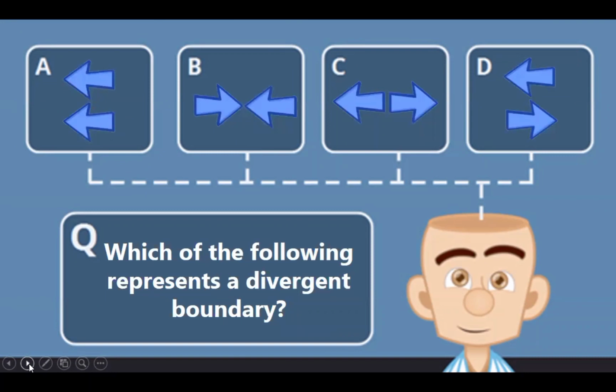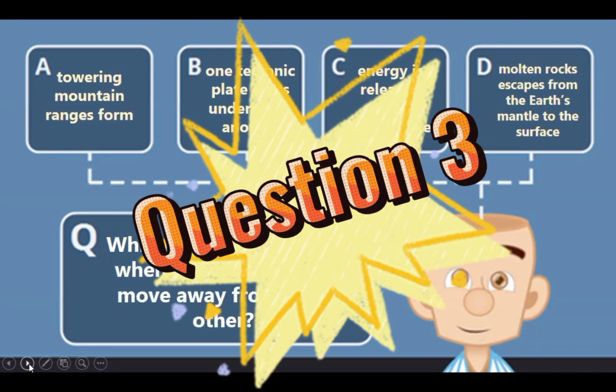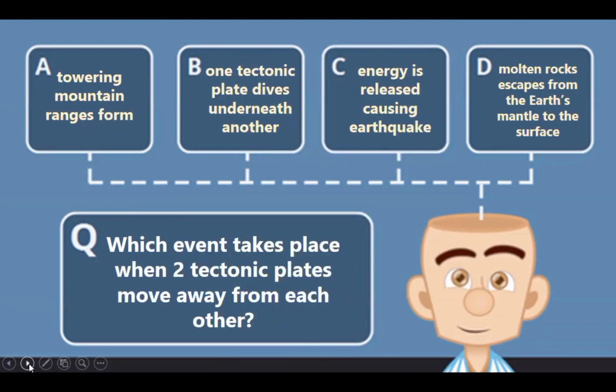Question number 2. Which of the following represents a divergent boundary? The correct answer is letter C. Question number 3. Which event takes place when two tectonic plates move away from each other? A. Towering mountain ranges form.